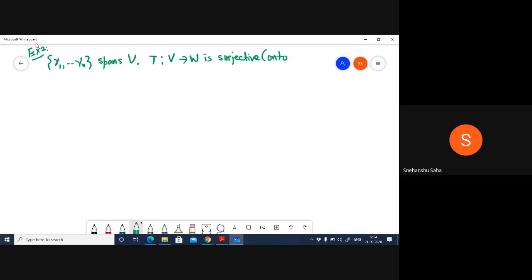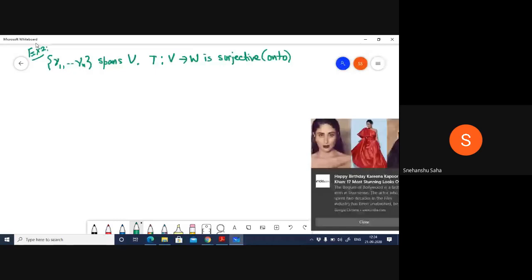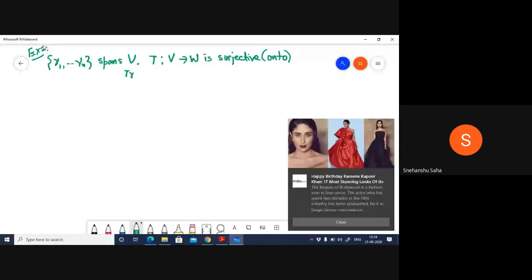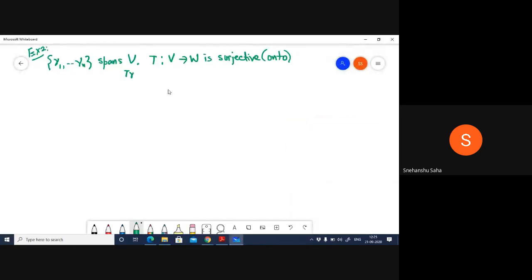Then can I say that T gamma 1, T gamma 2, up to T gamma n span W?